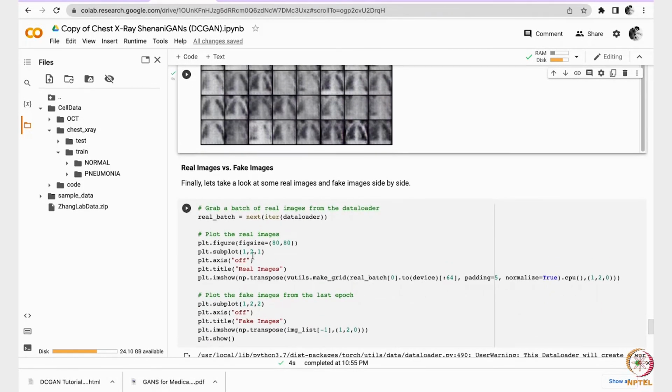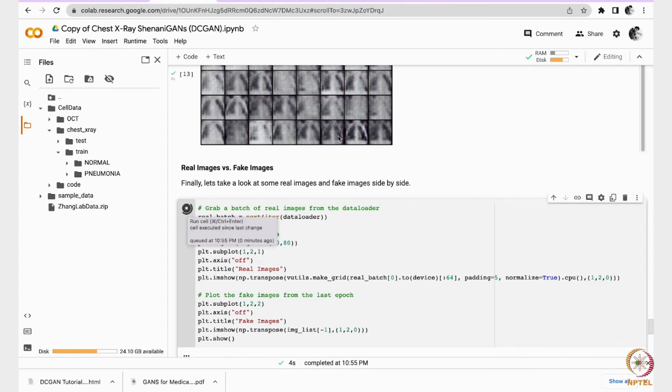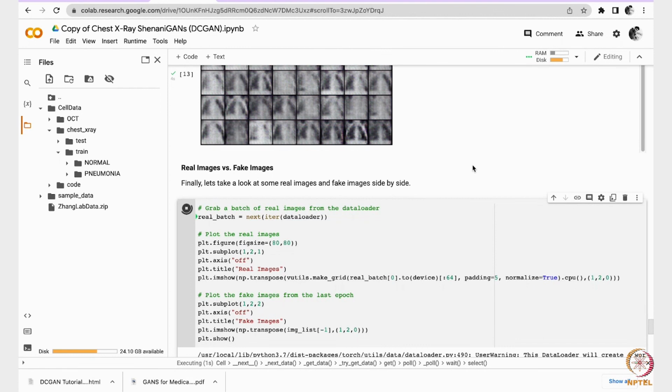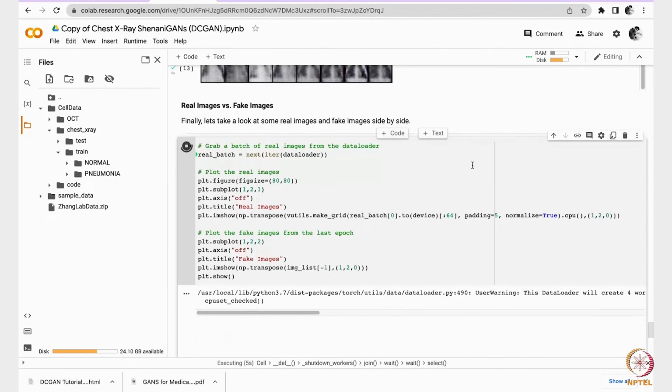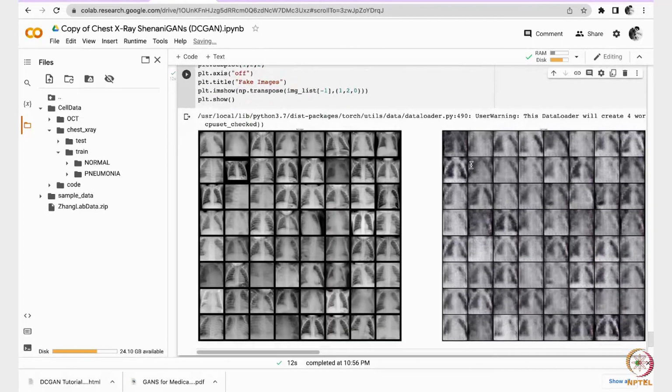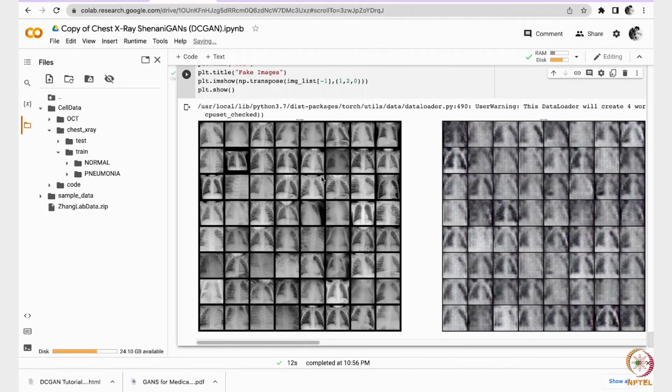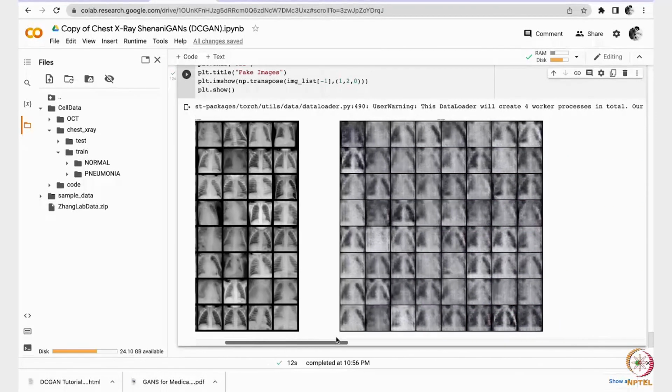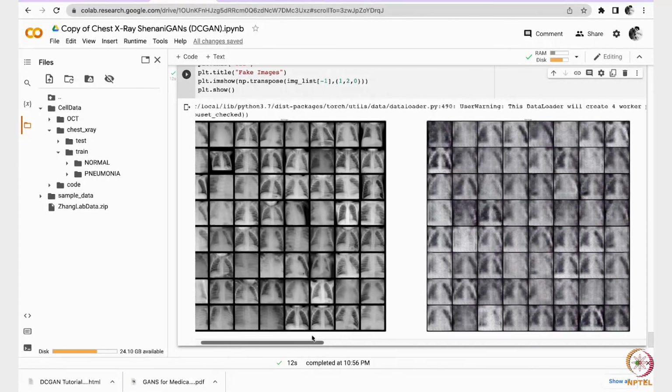Let us see it for 64 images. See here, on the left side you can see all the real images, whereas on the right side you have only fake images.